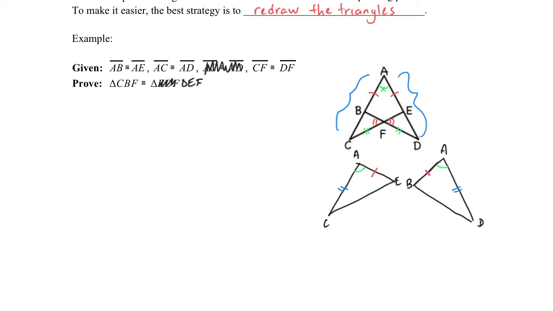So the first thing we're going to do is we're going to have given sides. And the given sides is going to be AB congruent to AE. So I've got that. Then I'm going to do the other given sides. That's going to be AC congruent to AD. Then I'm going to have the reflexive angle.